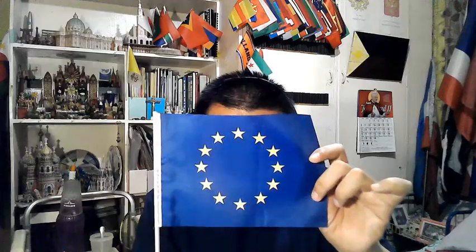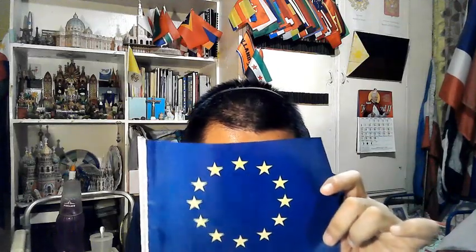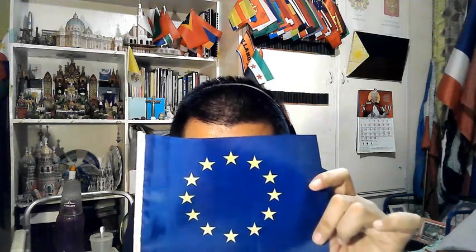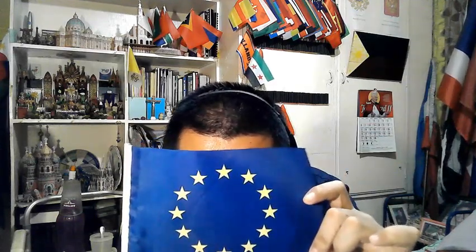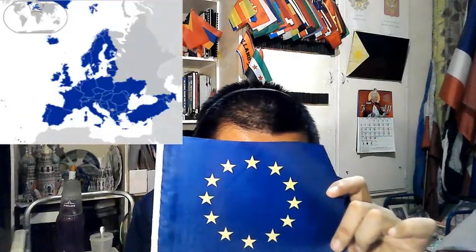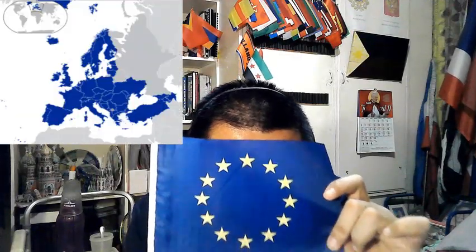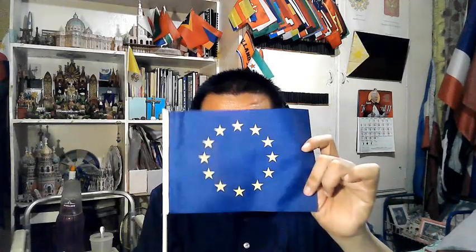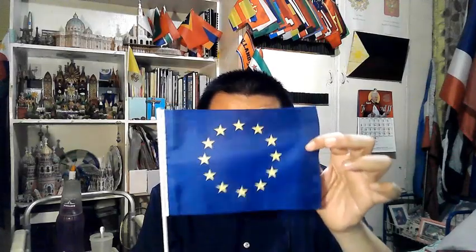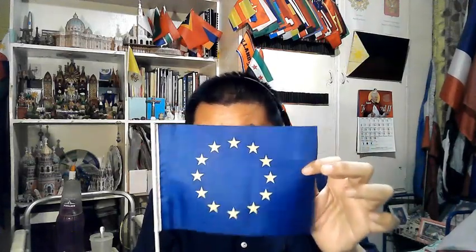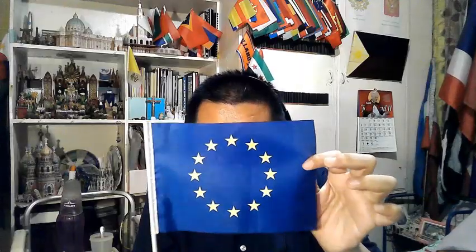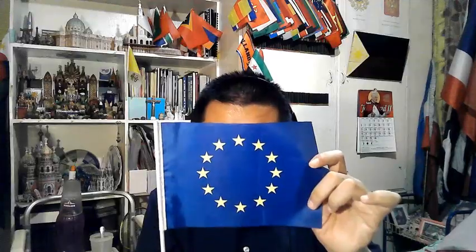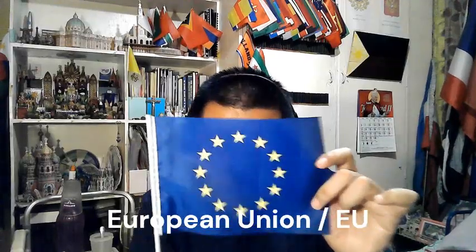The Council of Europe is an international organization with the goal of upholding human rights, democracy and the rule of law in Europe, founded in 1949. They also use this as the flag of the European Union, what we know as the EU.